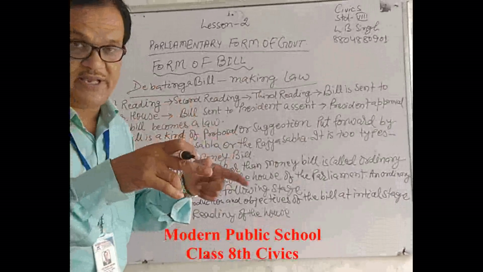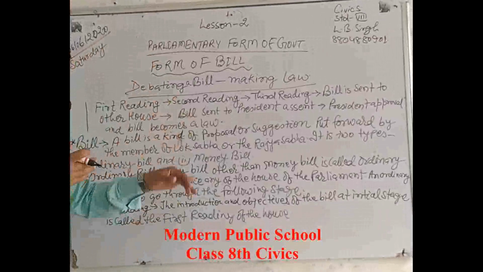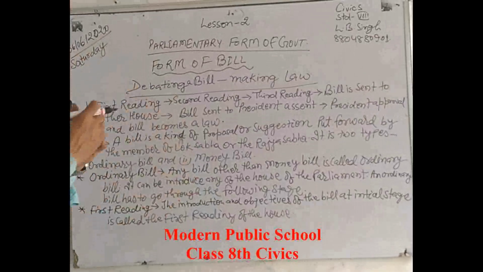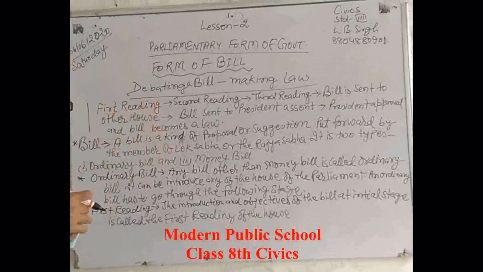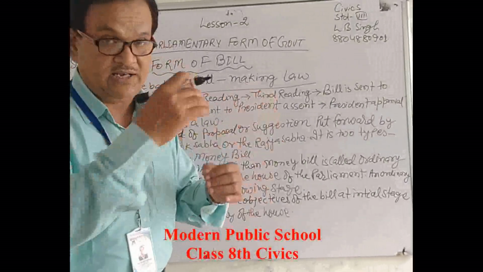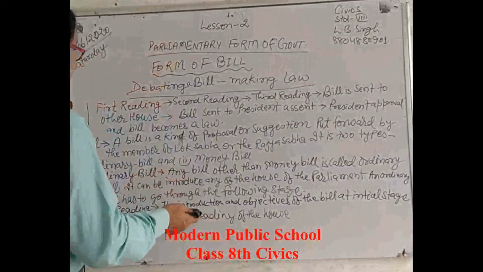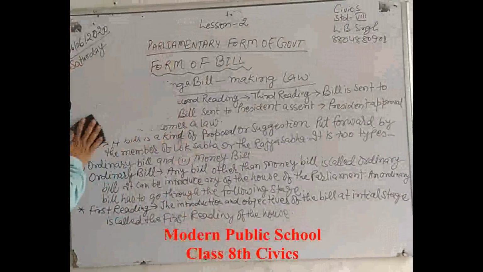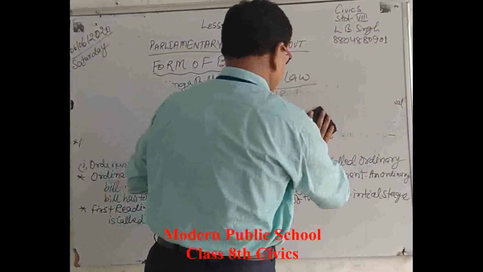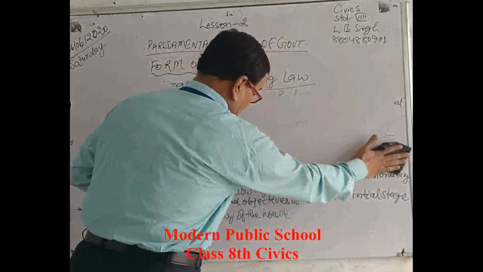They have to mention the introduction and objective of the bill among the members of parliament. So it is called the first reading. After that, we have to study other things, the second reading. You have to learn each and everything, but I am going to explain each and everything for your benefit.